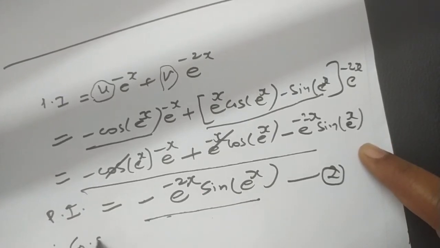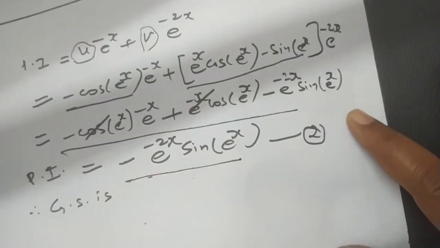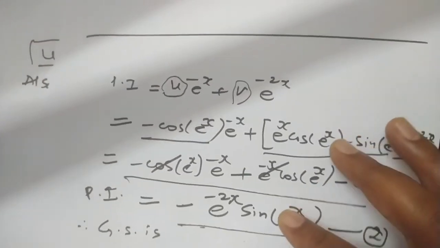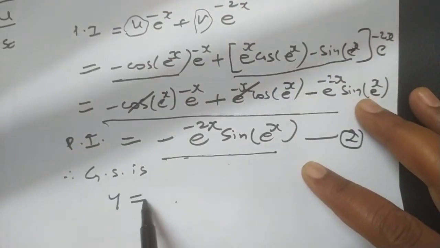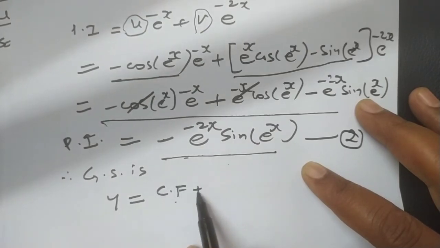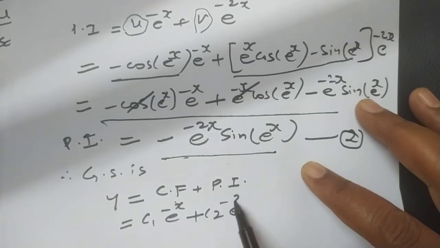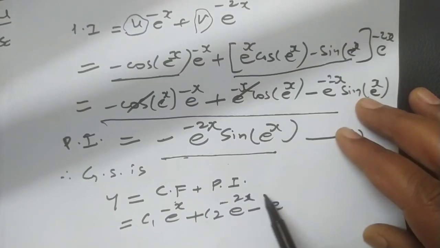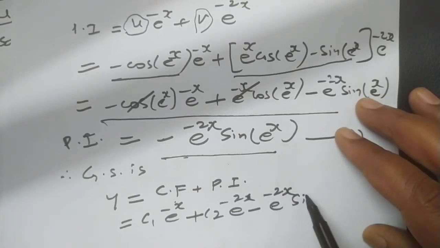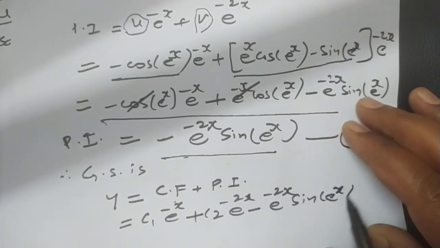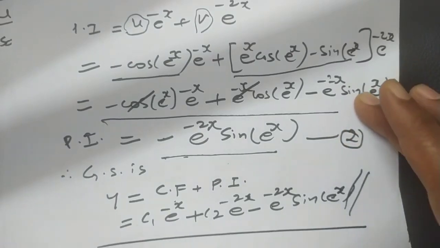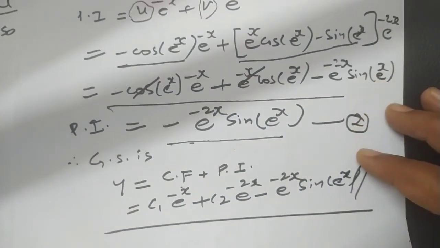Therefore, the general solution of this equation is naturally y is equal to, as usual, complementary function plus particular integral. So the complementary function is c1 e raised to minus x plus c2 e raised to minus 2x, minus e raised to minus 2x sine of e raised to x. So this is your final solution of this differential equation.